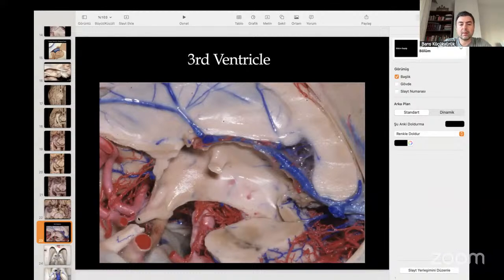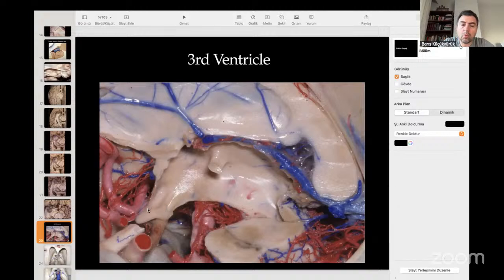So this side is the anterior side, this side is the posterior side, this is superior, and this is inferior. The optic nerve forms the optic chiasm just at the anterior margin of the third ventricle, but it forms two recesses here, one above the optic chiasm and one below.